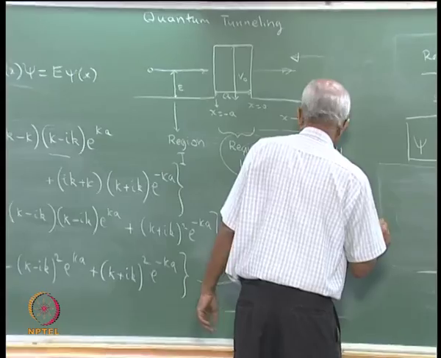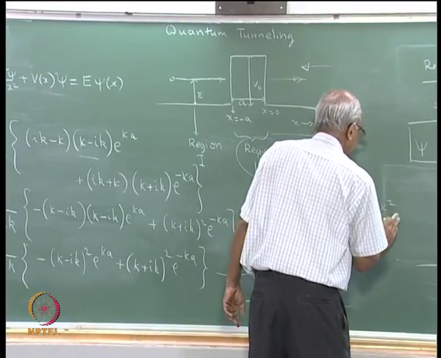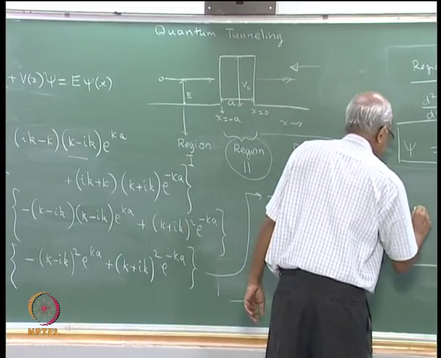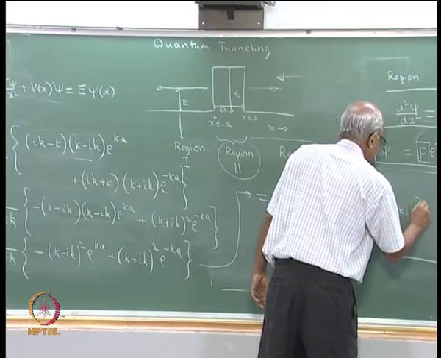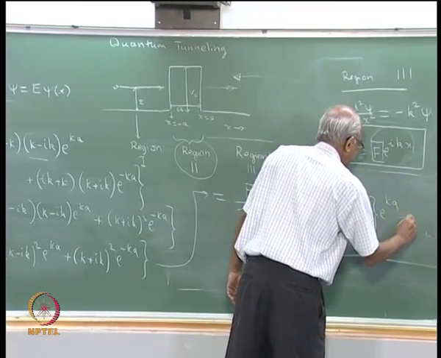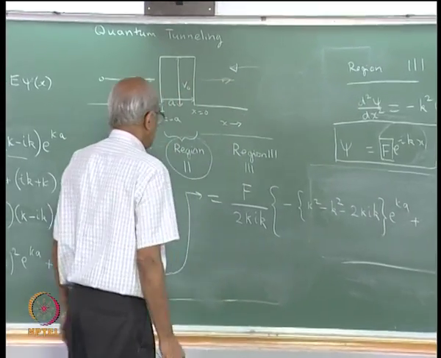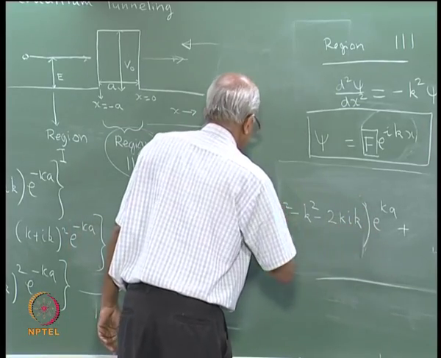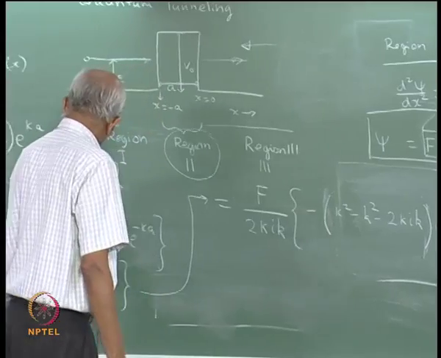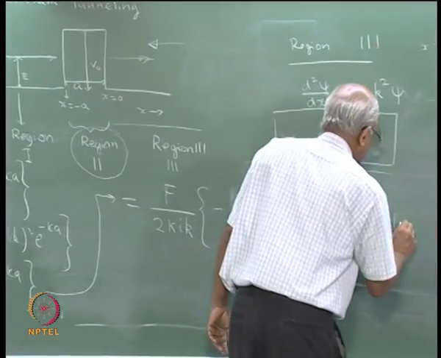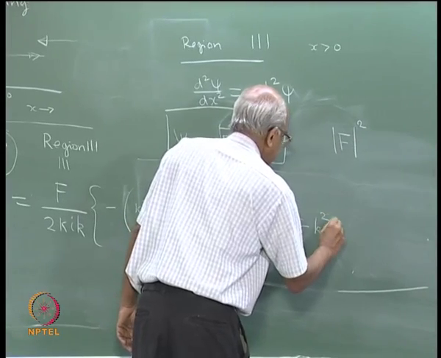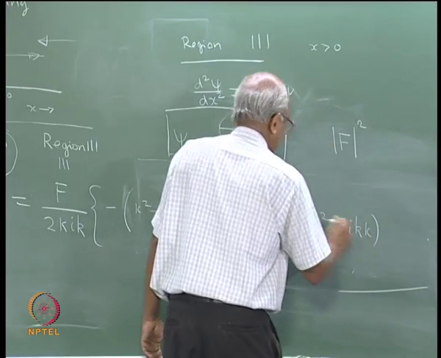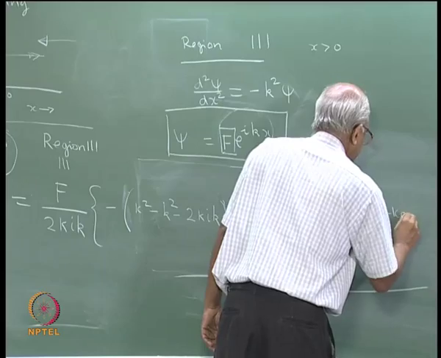Minus, kappa square minus k square minus 2 kappa ik into e to the power of kappa a plus, well, maybe I should replace this with normal brackets, and if you took the square of the other term, I shall get kappa square minus k square plus 2 ik kappa into e to the power of minus kappa a.